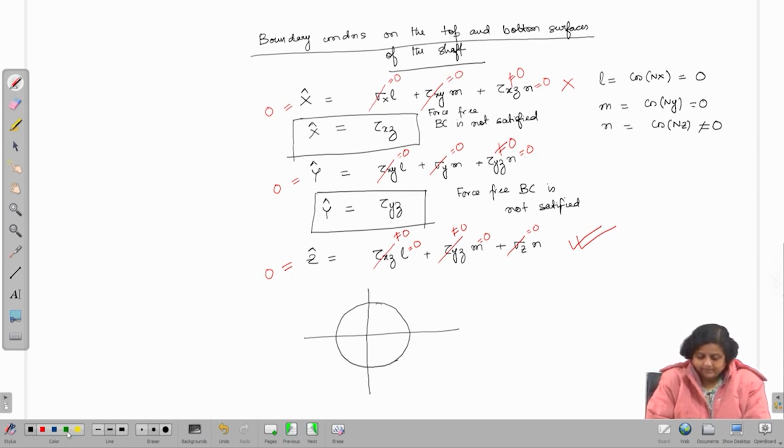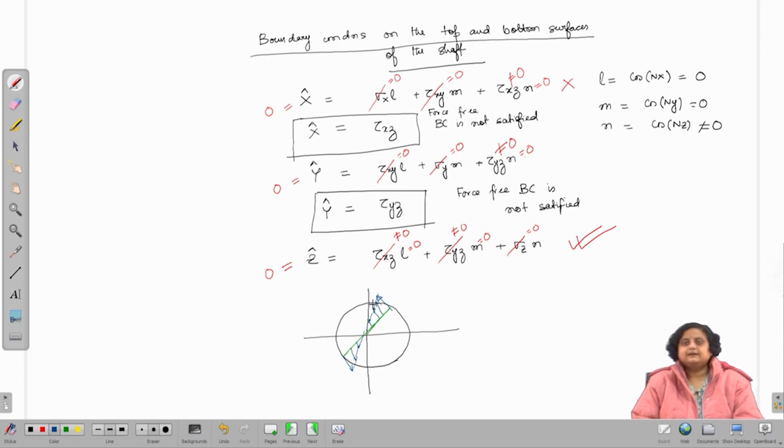So, on the top and bottom surfaces, the externally applied load in x and y should be applied in this form.